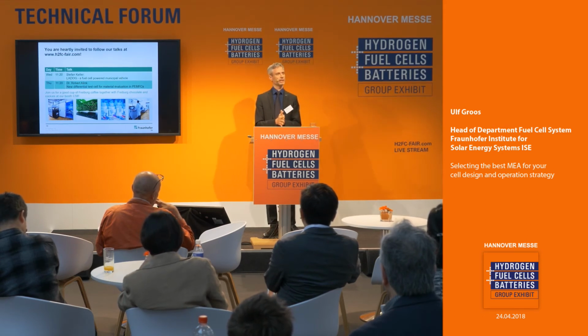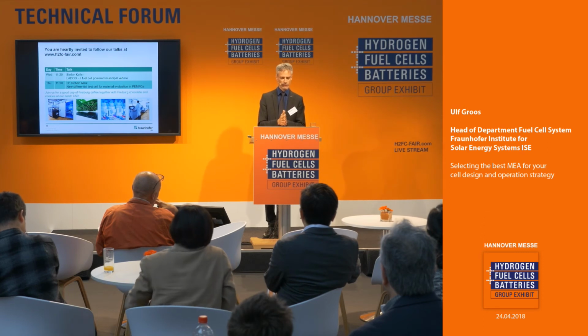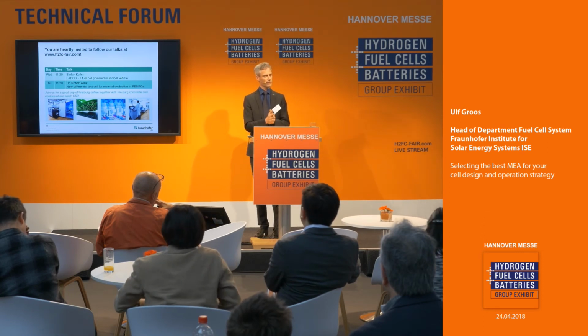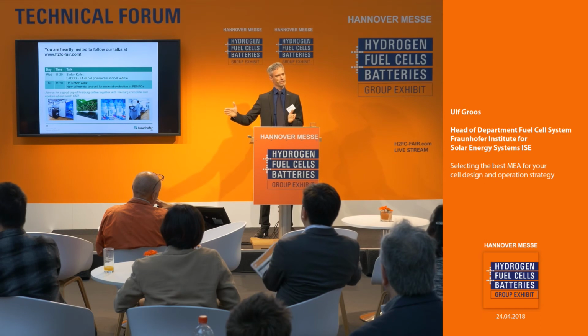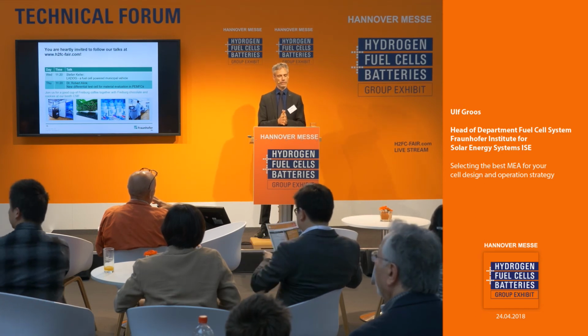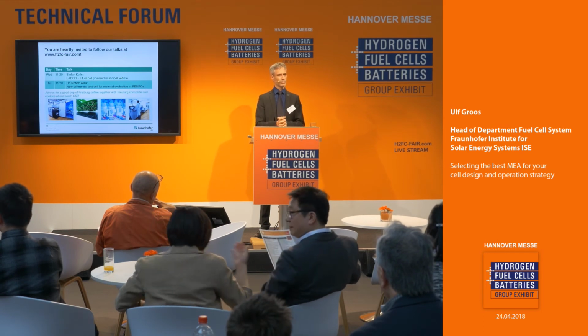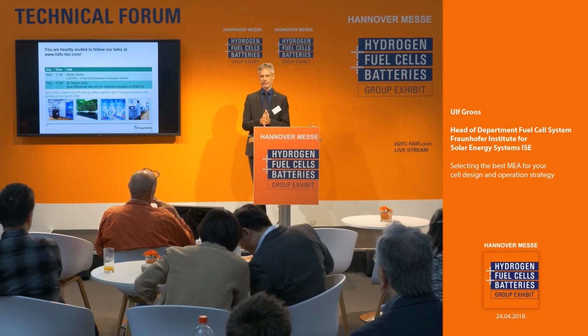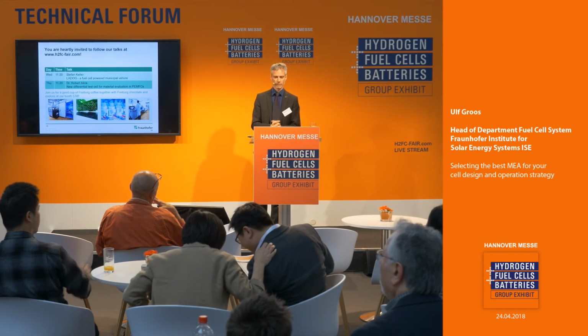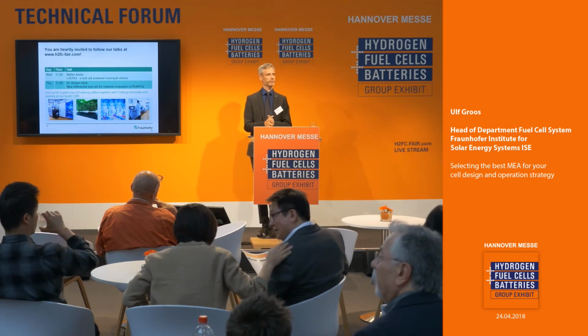You refer to this experiment with the start-stop cycling. We did a gas exchange, so you have the air-hydrogen front which runs through the cell. And it's well known that with the air-hydrogen front you get very high potentials which lead to the conversion of the carbon to carbon dioxide.